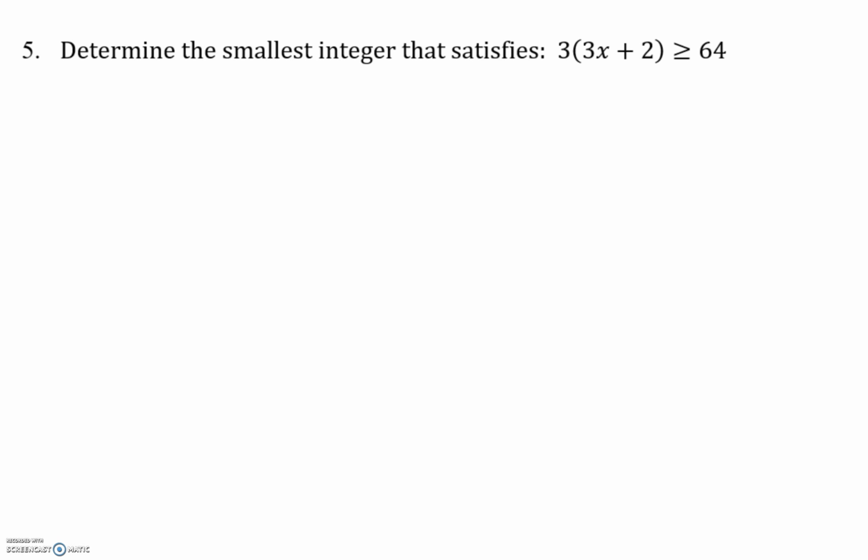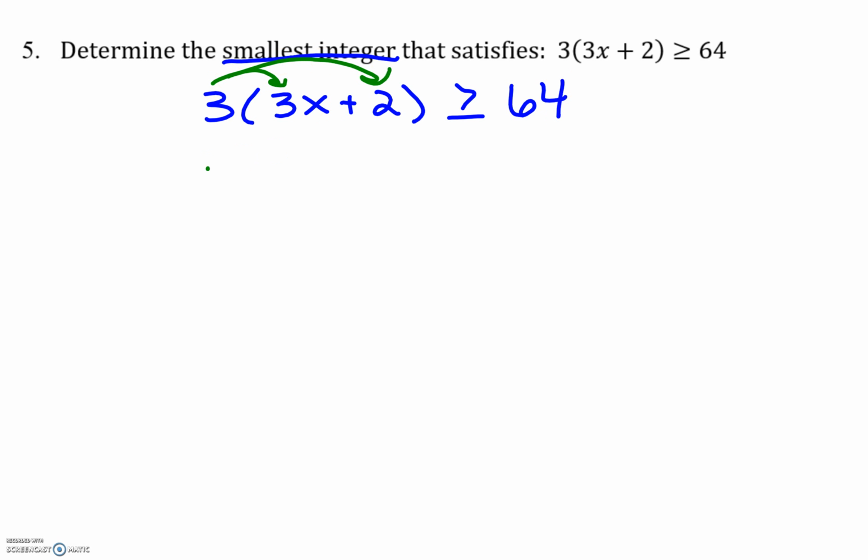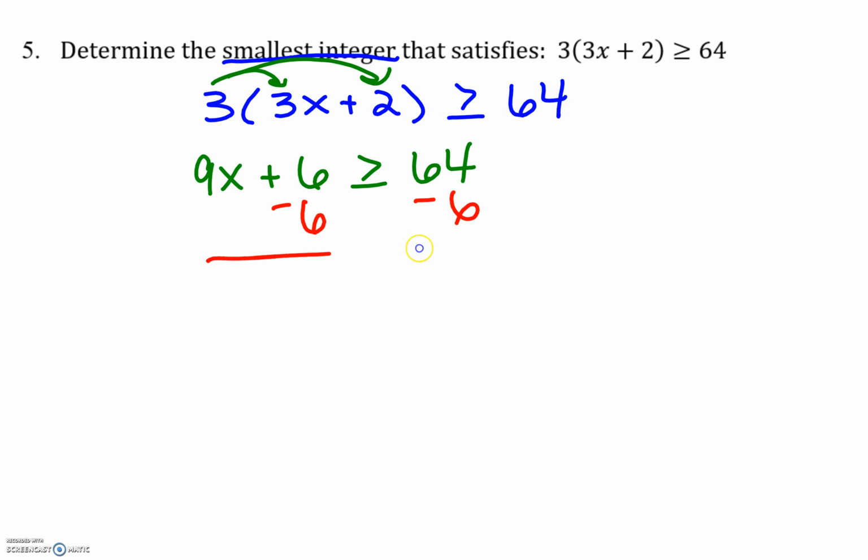For 5, determine the smallest integer that satisfies the inequality. 3 times 3x plus 2 is greater than or equal to 64. So we're going to start off by distributing. So we have 9x plus 6 is greater than or equal to 64. Then we're going to subtract 6 over to the other side.